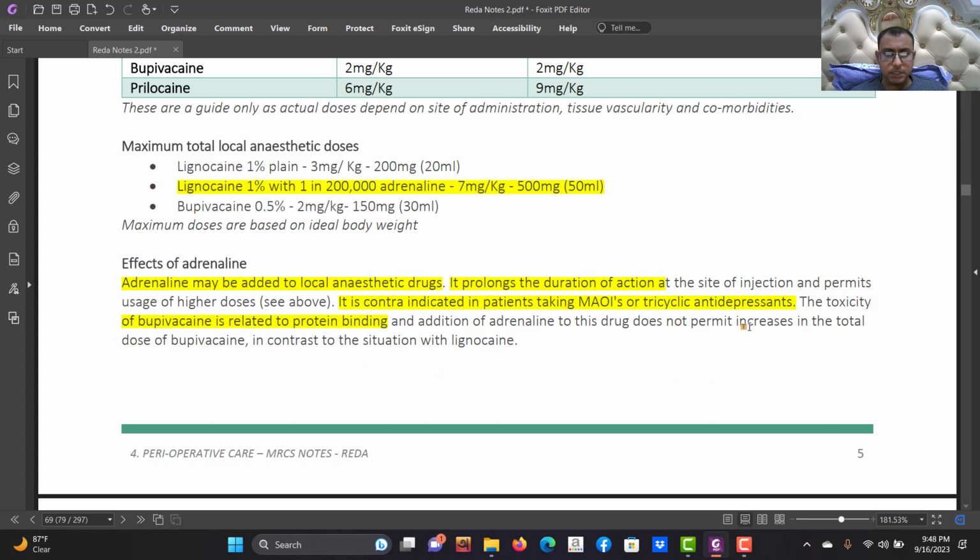So adrenaline must be used with lidocaine, but not with bupivacaine, because adrenaline would prevent the dose increase that can be done with lignocaine.